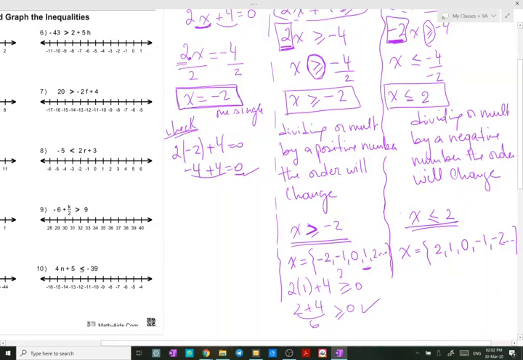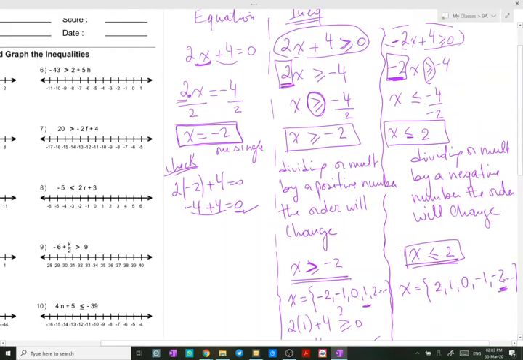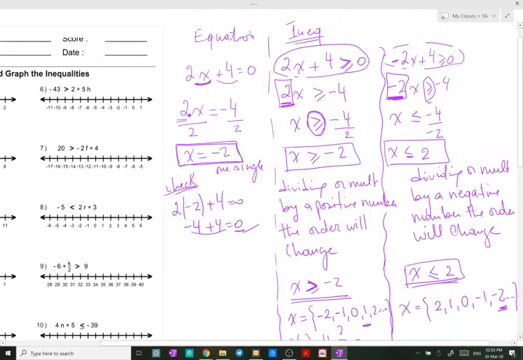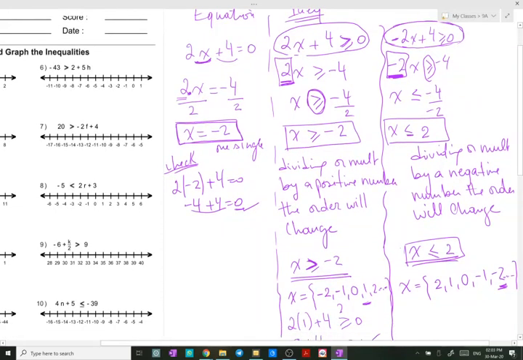So it satisfies the inequality. If we take minus 2 from the set where x is less than or equal to 2, you replace x in this inequality and get minus 2 times minus 2 plus 4. Is it greater or equal to 0? So plus 4 plus 4 is 8, which is greater or equal to 0, so it satisfies.